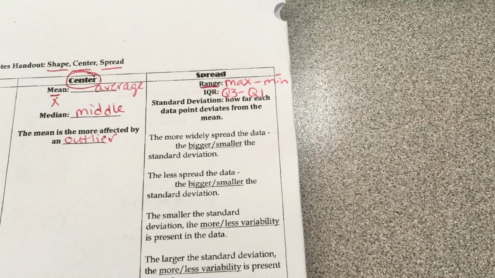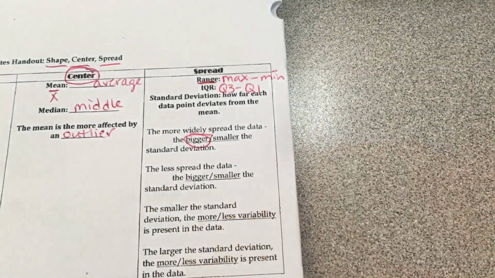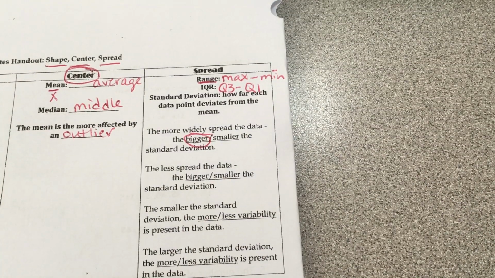Standard deviation is how far each data point deviates from the mean. So it's how spread out the data is. The more widespread the data, the bigger the standard deviation. What about the less spread the data?